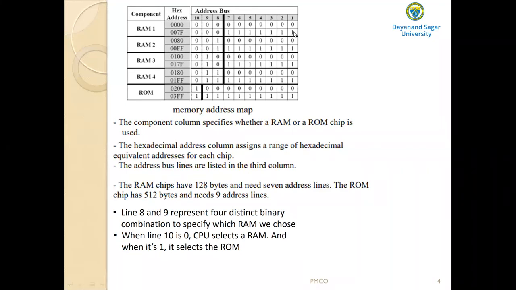Fill all ones up to address line 7, so 1, 1, 1, 1. The remaining you fill as it is. Now convert this into its hexadecimal equivalent.